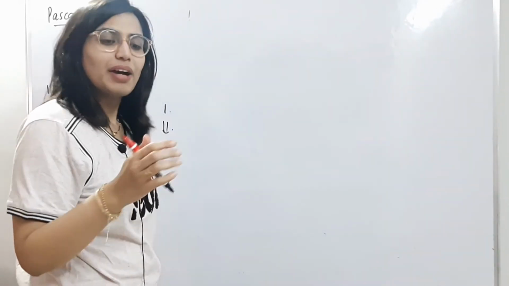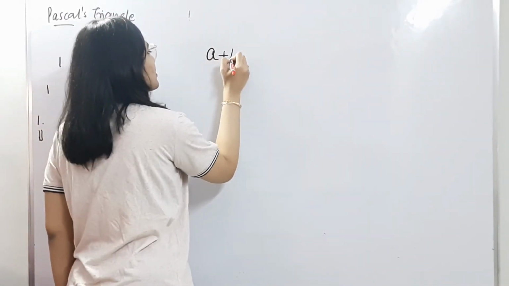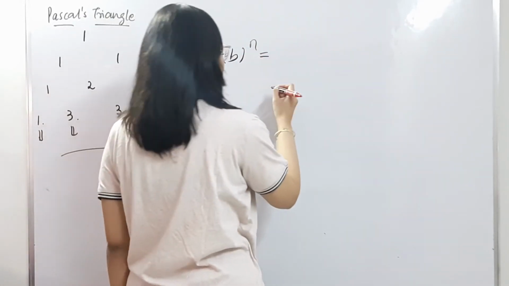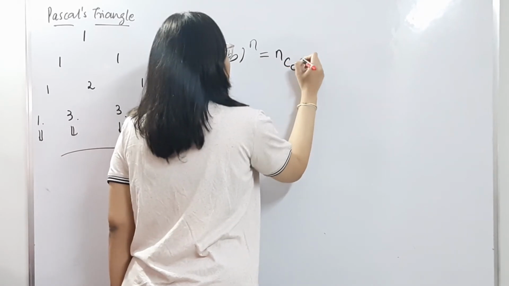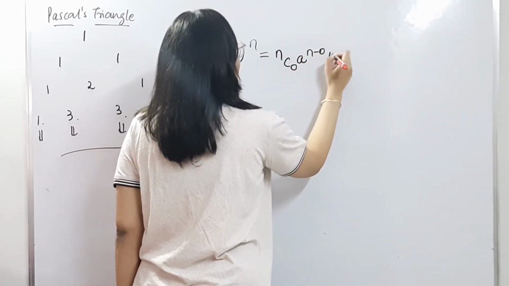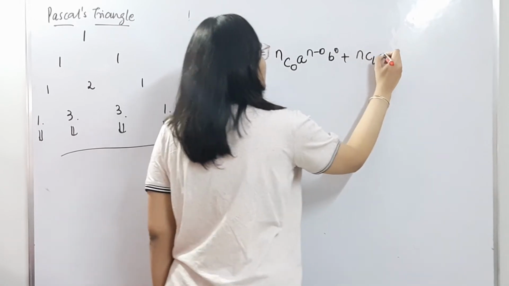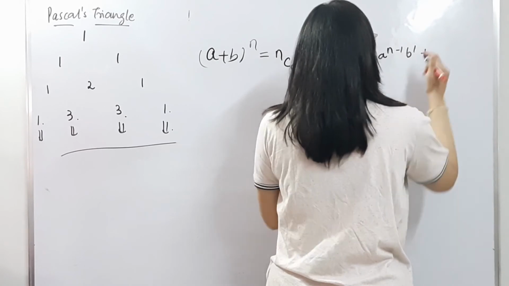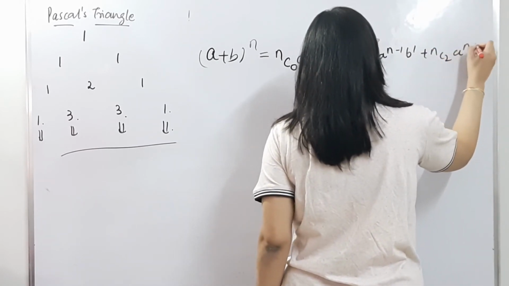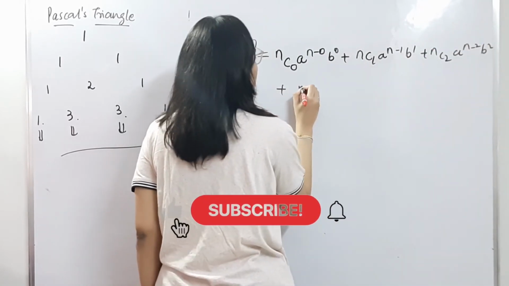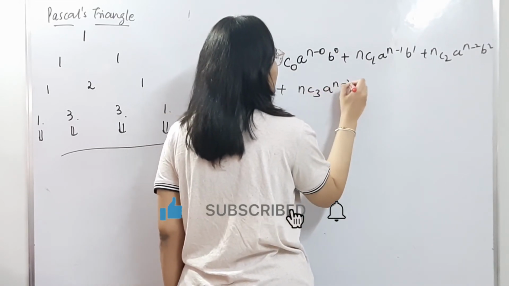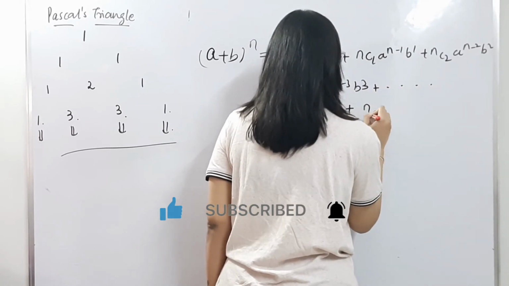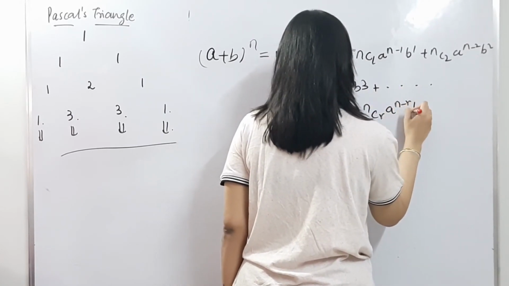So in short, binomial theorem means for us to expand (a plus b) whole power of n, for positive integer n, as nC0 into a power of n minus 0, b power of 0, plus nC1 into a power of n minus 1 and b power of 1, plus nC2 into a power of n minus 2 and b power of 2, plus nC3 into a power of n minus 3 and b power of 3, and so on up till nCr a power of n minus r into b power of r.